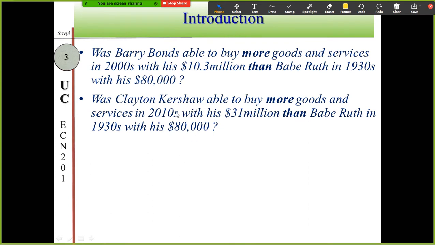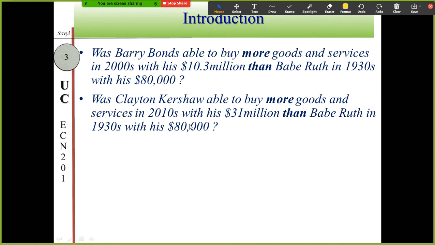So the second question means: was $31 million in the 2010s better than $80,000 in the 1930s?